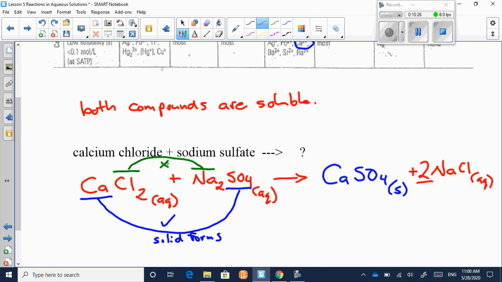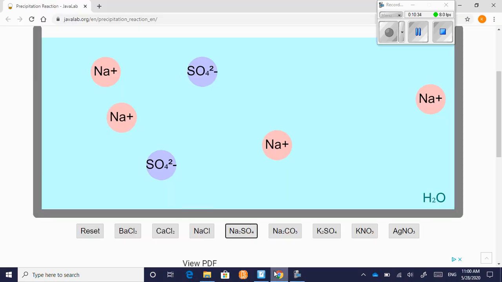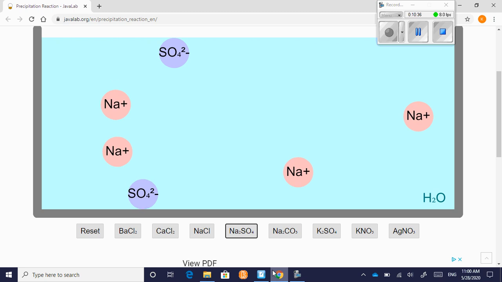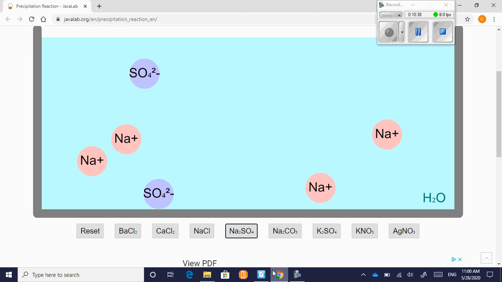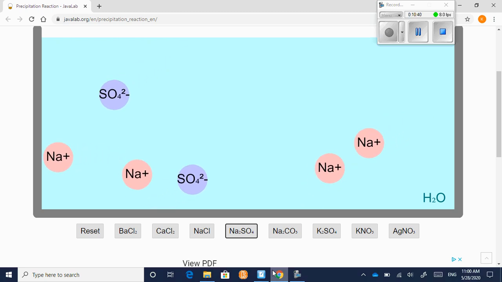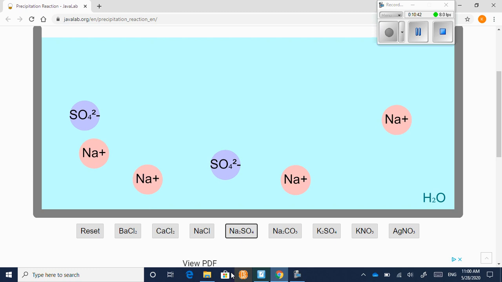Bear in mind that if you check and both of them are X's, your prediction could be that no reaction occurs. Now let's just go back to our demo just to kind of see what happens here. So here it is. We've got our sodium sulfate floating around. Now let's add in the calcium chloride.